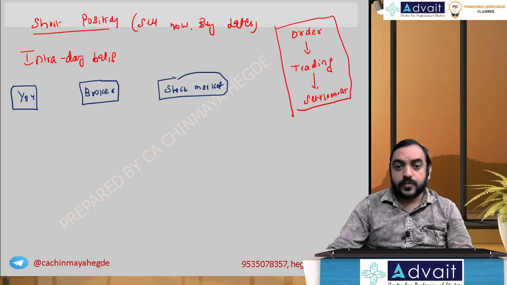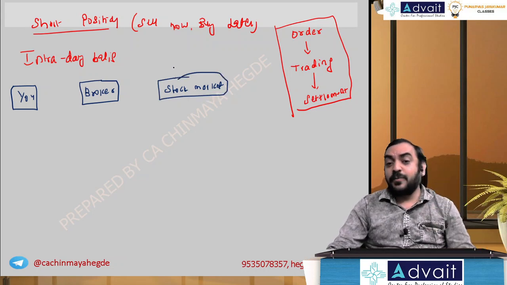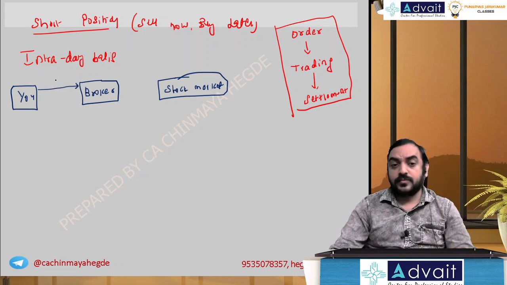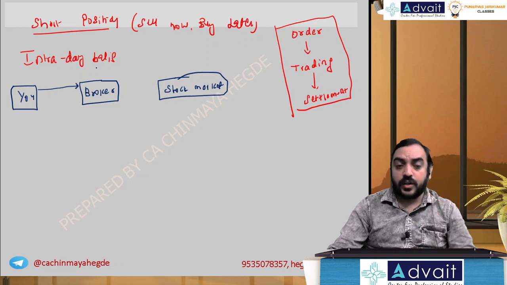Now, for intraday, I'm telling you, tell the stockbroker, make a sale order. You request, make a sale order. So you tell the broker, and the broker will make a sell order.